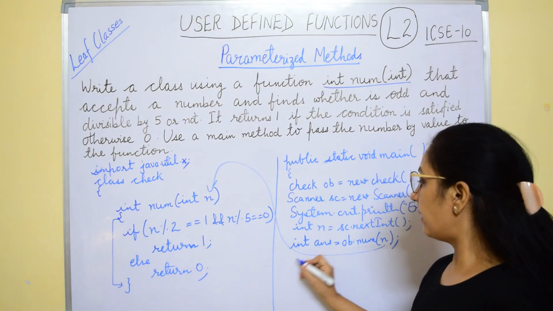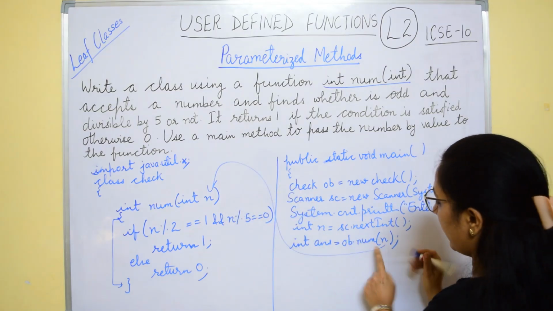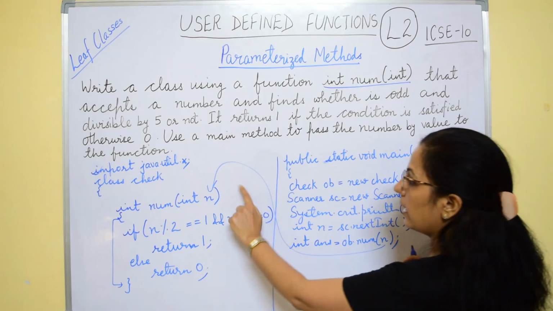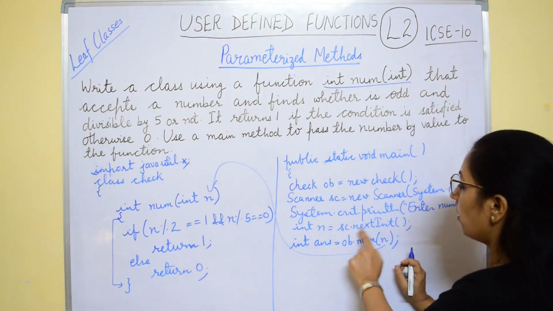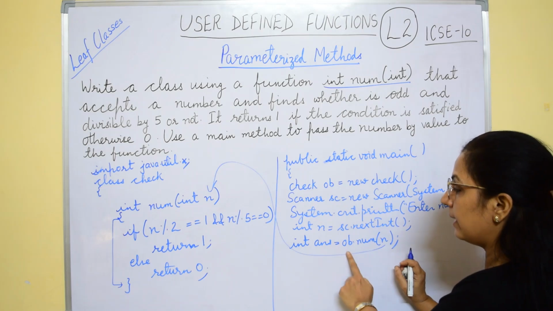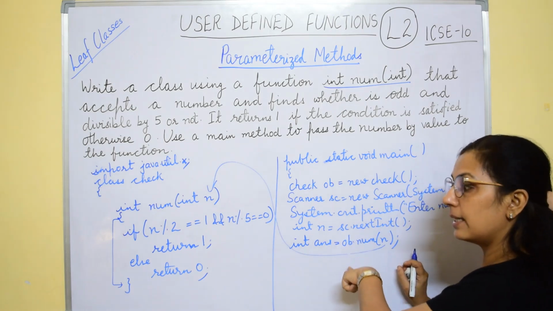So after it has come with a return value, it is executing this return 1 or return 0. So the ans variable will contain the value 1 or 0, whatever it is returning.